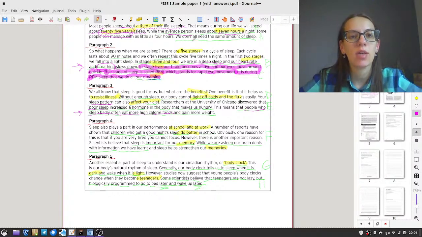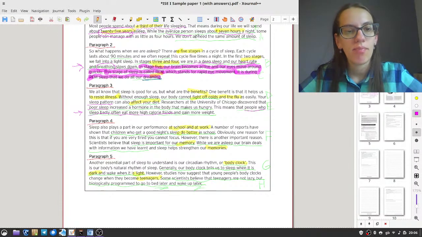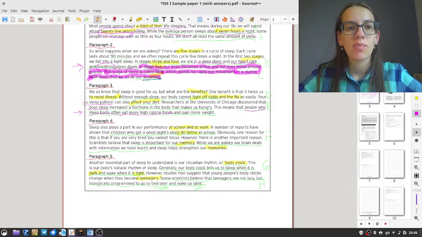That looks like a good phrase, your sleep pattern. Can you say a poor sleep pattern? Yes, you can, that works grammatically. Now, does it make sense? It says it can affect your diet. So it means when your sleep pattern is poor, you eat more high-calorie foods.